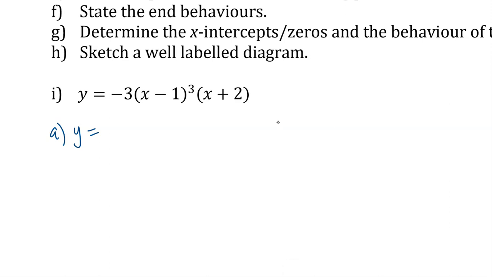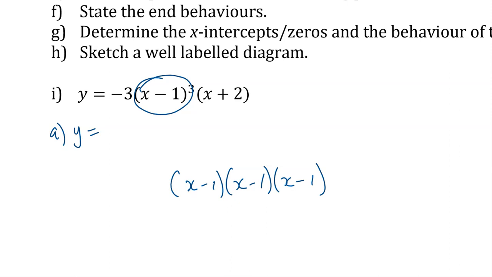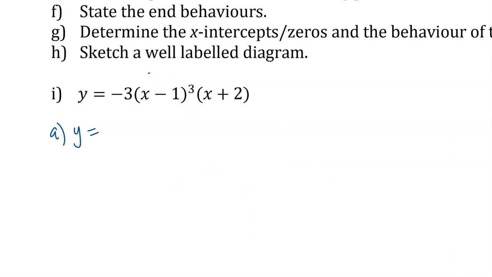And I can imagine if I expanded this, again, it'd be x minus 1 times x minus 1. Don't write this down, times x minus 1. Just watch. And I would get x times x times x as my first term. And when I expanded this, I would get x cubed. Can you follow that?